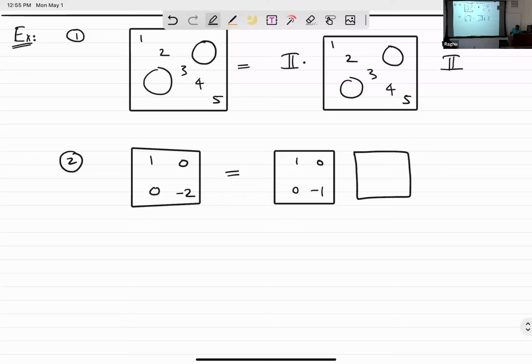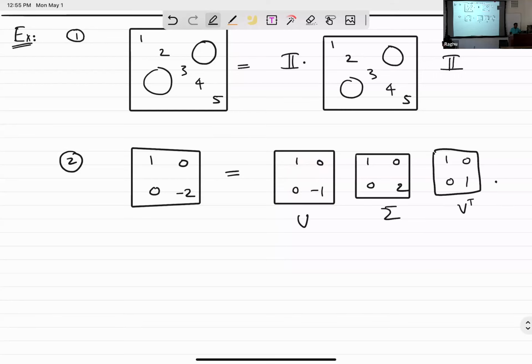Yes. So basically, we just need to flip this 2. I'm going to put the negative sign here. It's not going to affect orthonormality, right? We just need the columns to be perpendicular to each other, and that's still true. And I can make this identity again. So this is U, this is sigma, and this is V transpose.